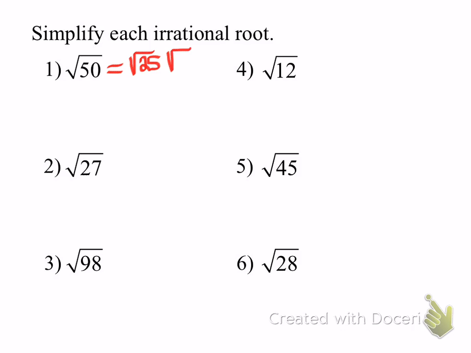Square root of 25 times the square root of 2. Okay, now what? Audrey, now what? 5, not rad 5. 5. Rad 2. We keep it in the radical. 5 radical 2, or 5 rad 2, we can say. The square root of 25 is 5.